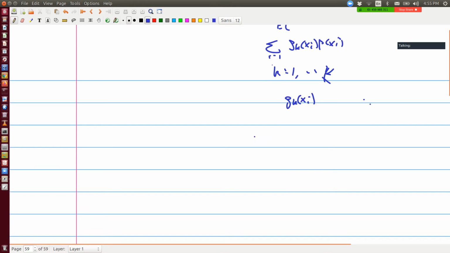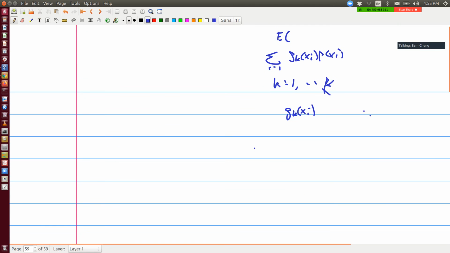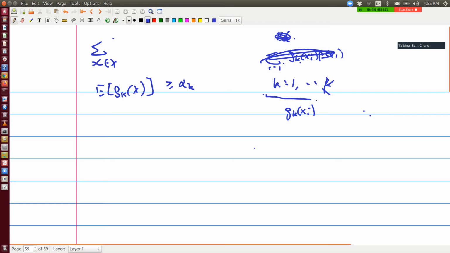So I have the sum over x in some alphabet. The expectation of g_k(X) should be bigger than or equal to alpha_k, right? I have big K constraints here, from 1 up to big K.